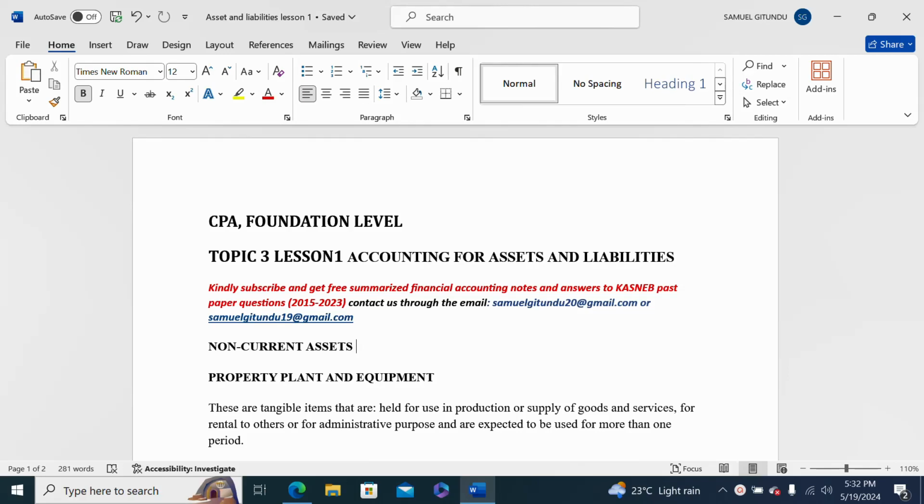In this lesson, we are going to learn about a class of asset called property, plant, and equipment, which is usually classified under non-current asset. Then we are going to learn about their recognition, their measurement at recognition, then their subsequent measurement.